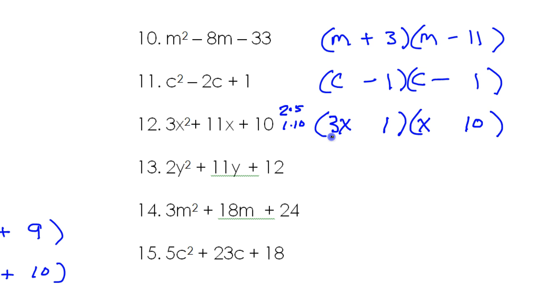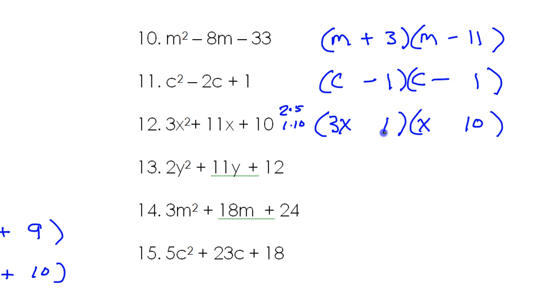And the reason why is because we've got this 3 in the front now. So in all the other problems that had no leading coefficient other than 1, you could immediately look at the 3 and the 11 and look for the 8. Okay? But that's not going to work now. We can't just look at the 1 and the 10 and try to make the 11 out of it, because we got to deal with this 3.